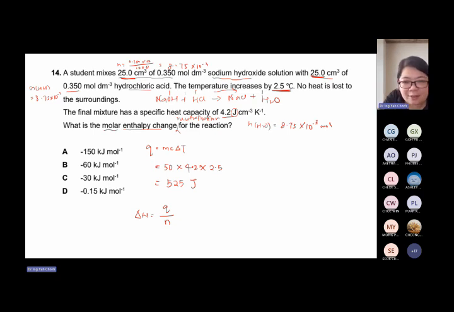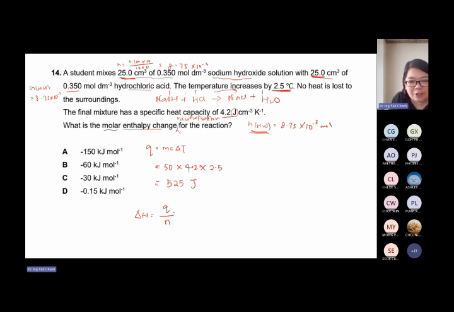In this case, standard enthalpy change of neutralization, so the number of moles is the number of moles of water. If you go back and look at all the definitions for the enthalpy changes, in the definition you always mention 1 mole of something. So per mole, the mole is always based on the number of moles of that particular substance in the definition, so in this case, water.